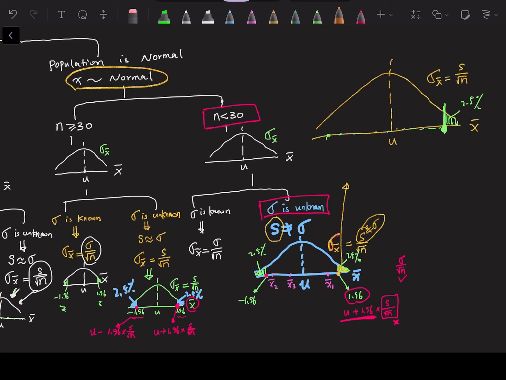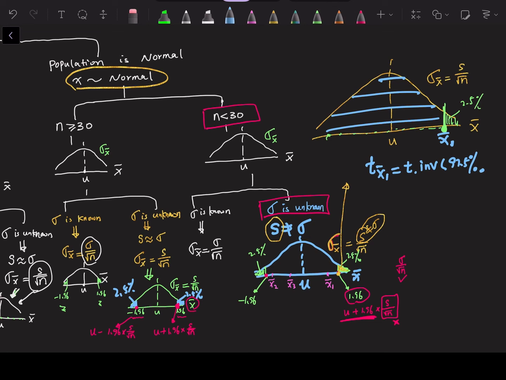So we have a value of x bar sub 1, and then the corresponding t-score for x1 bar, if you use Excel, will be T.DIST, and the cumulative probability, which is this area, so that's 97.5%.